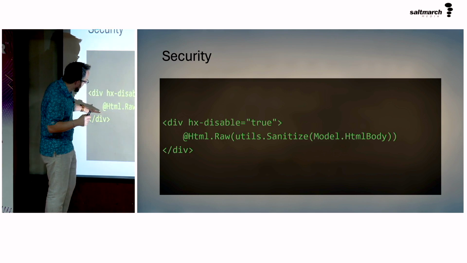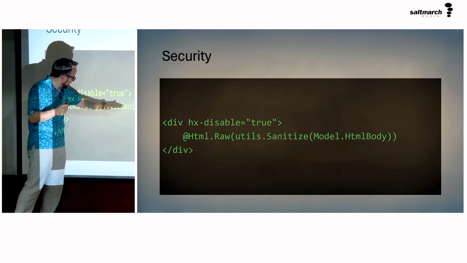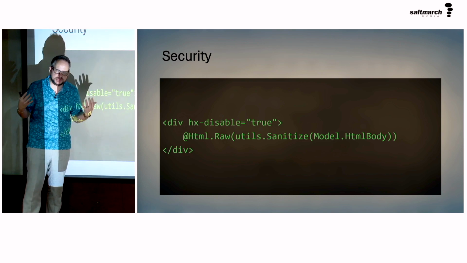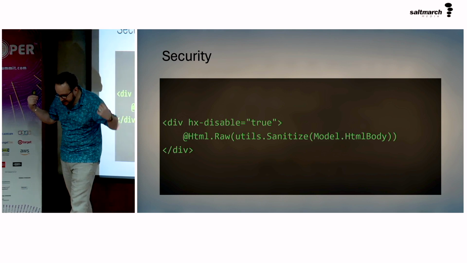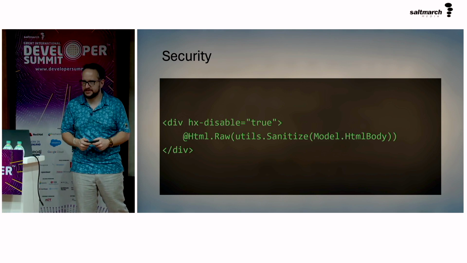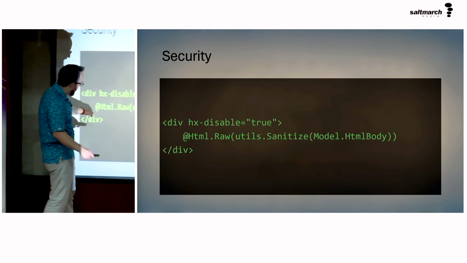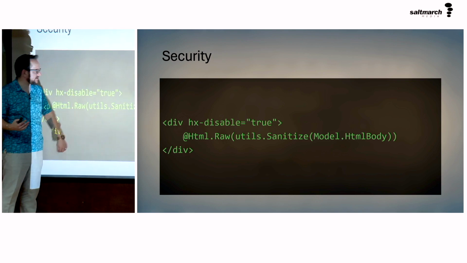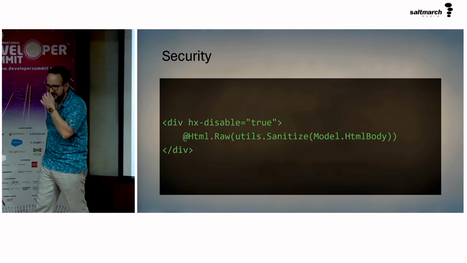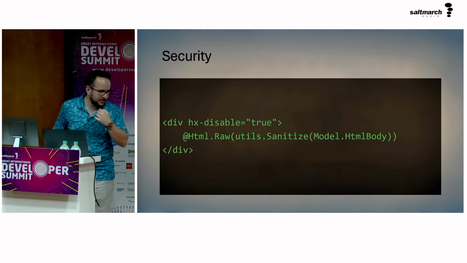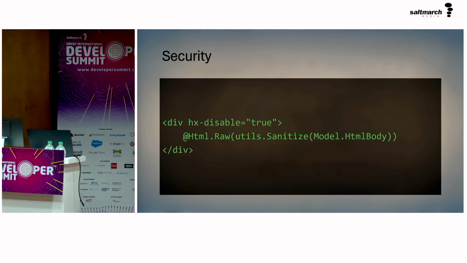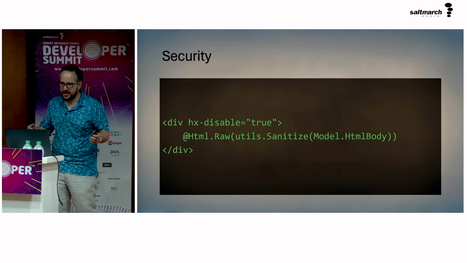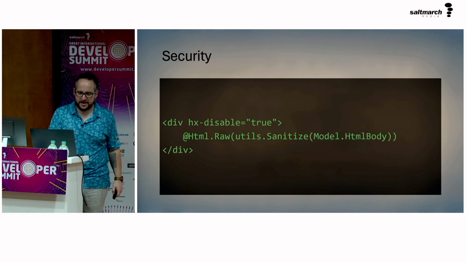Like most MVC frameworks, most server-side frameworks will automatically sanitize everything you merge into a template, unless you do something like Html.Raw, and we all know when I'm doing that, Utils.sanitize. But the other thing that you want to do is set hx-disable equals true. And that tells HTMX, do not process anything there.